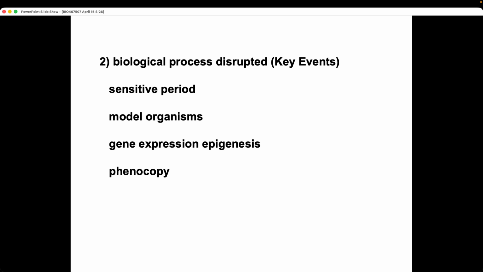And then the last thing I wanted to mention is this idea of phenocopy. That just means that some of these teratogens or endocrine disruptors are creating a phenotype that is very similar looking to a mutant phenotype that could be identified as well.